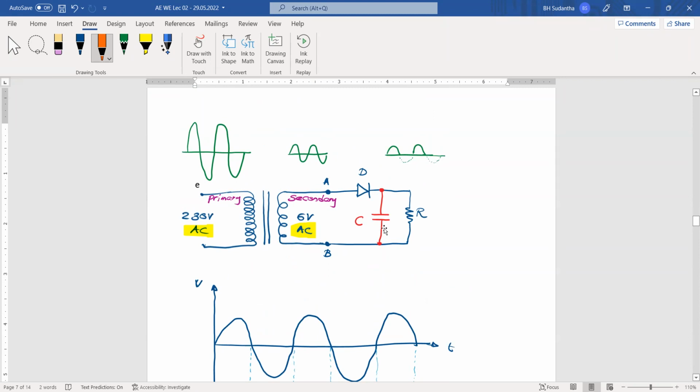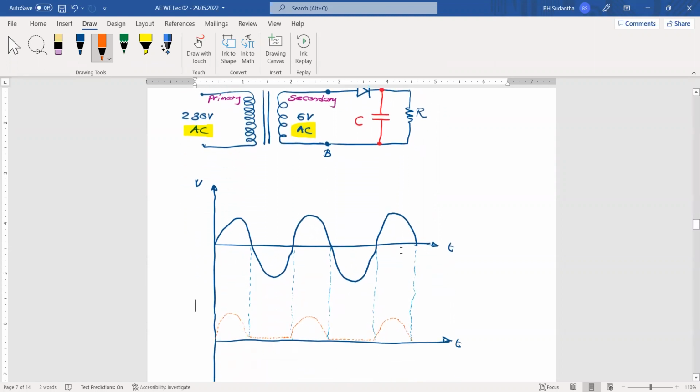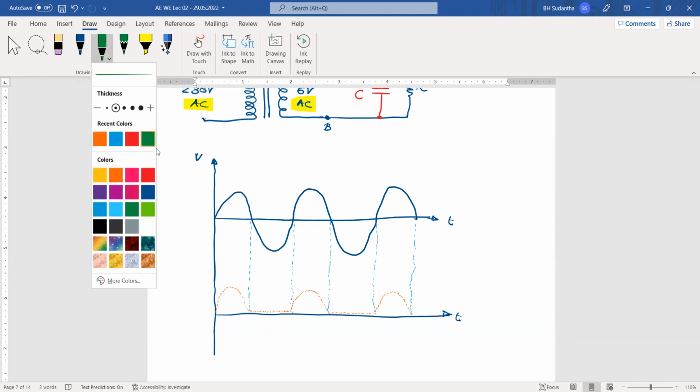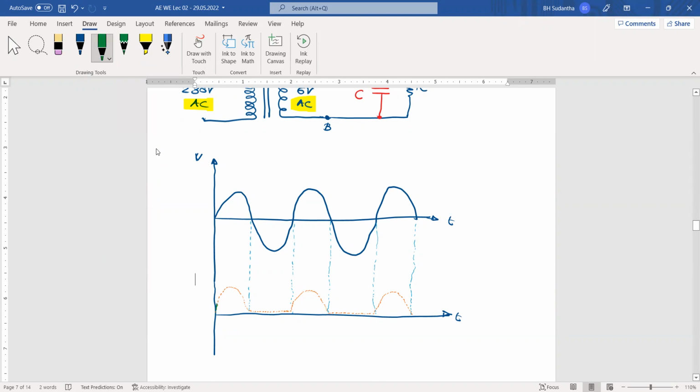But what will happen when we have a capacitor? Can you imagine what will happen? Okay, during this positive half cycle, the capacitor will be charged.